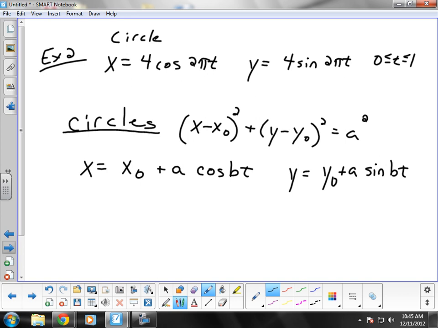Remember, the 2 pi is the period of the entire sine function and the cosine function, right? It gets me back to where I started. And so when I'm working the other direction, what I have is I get the entire circle, or one revolution, which is 2 pi, when I take 2 pi and divide it by the absolute value of b.